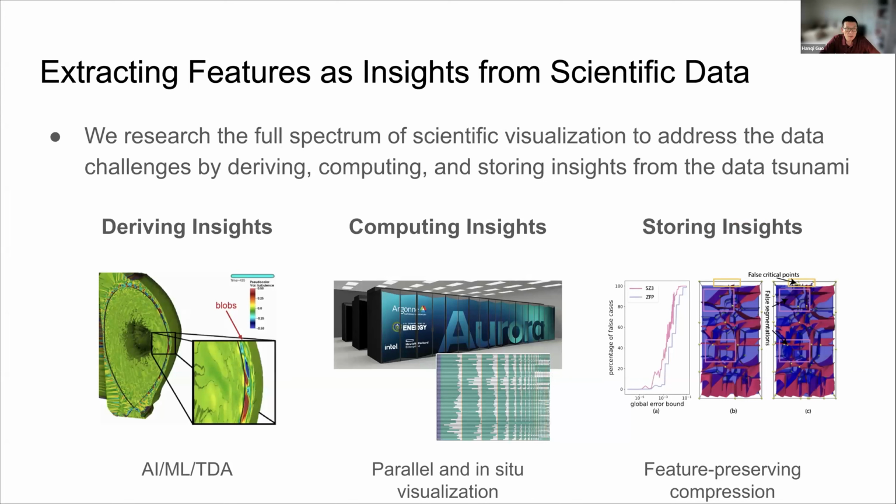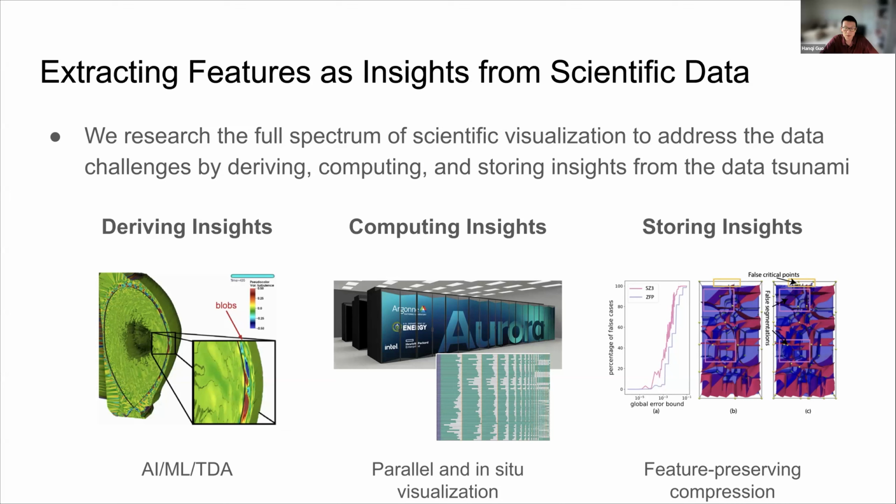So the main theme of my research is about extracting features, right? Basically, we want to have feature-centric scientific data, because features can represent insights and knowledge from scientific data.